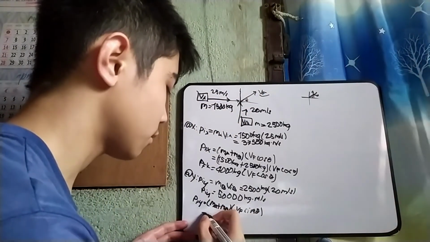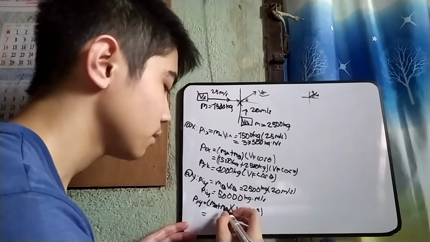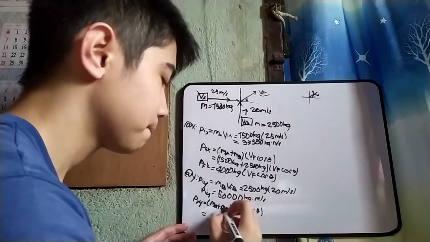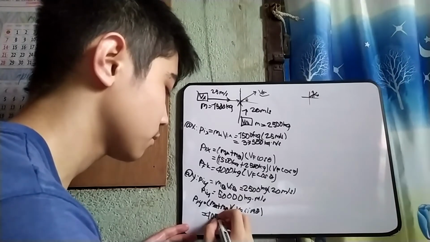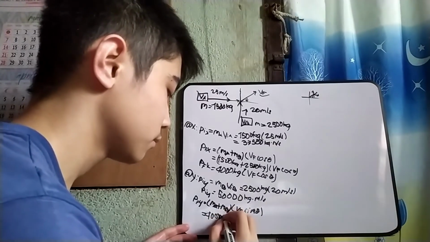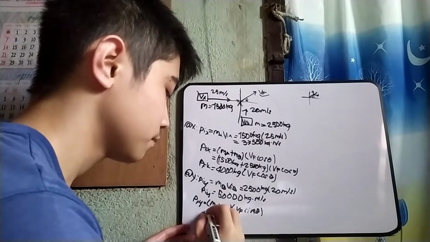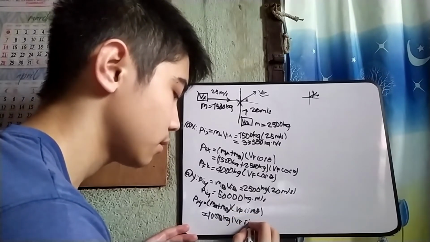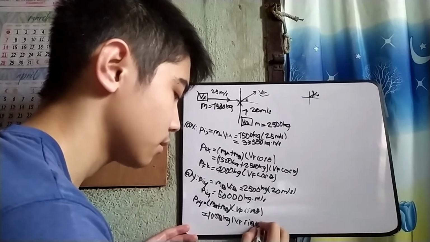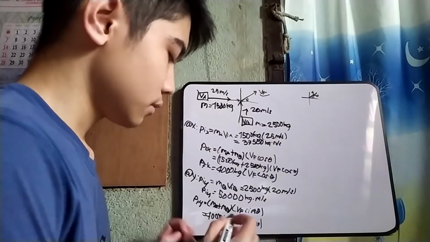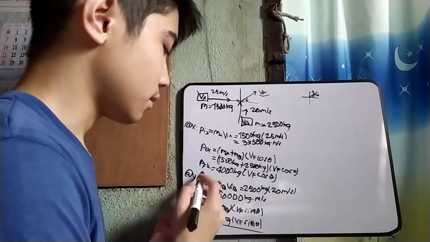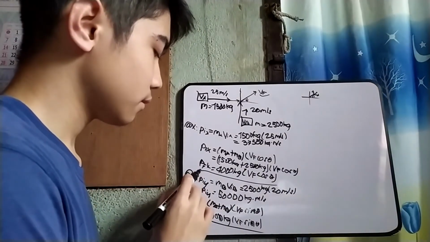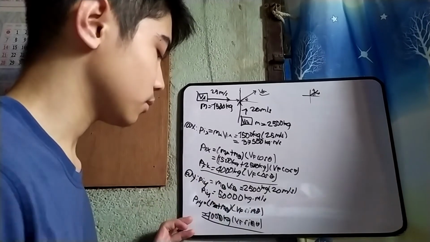Then we just input the mass of A plus the mass of B, which becomes 4,000 kilograms multiplied by V final sine theta. These are the two formulas we use to get the final momentum.